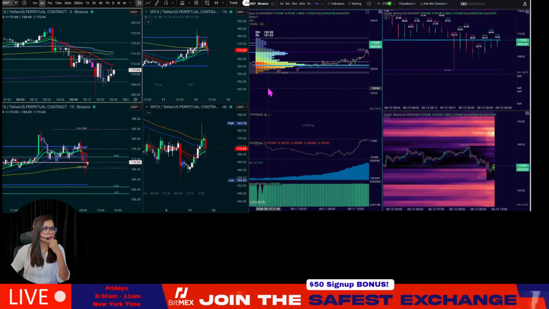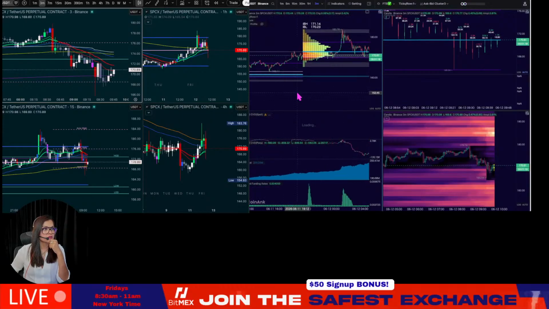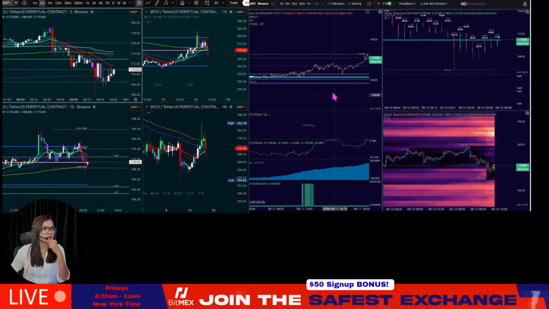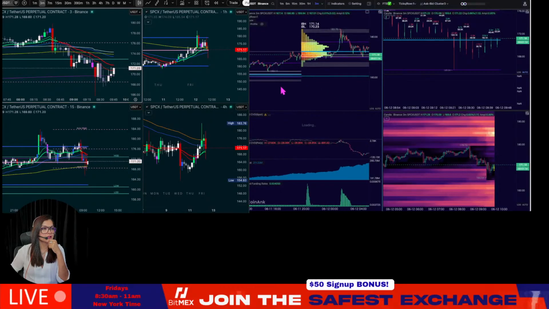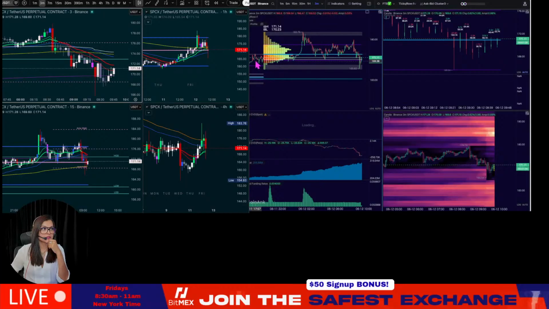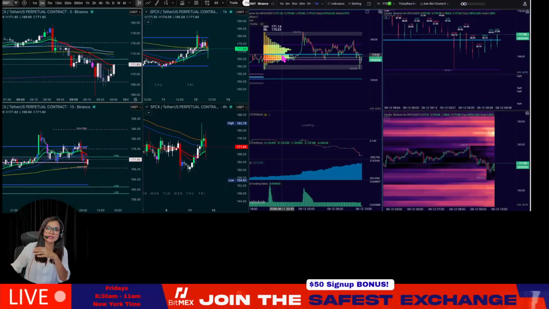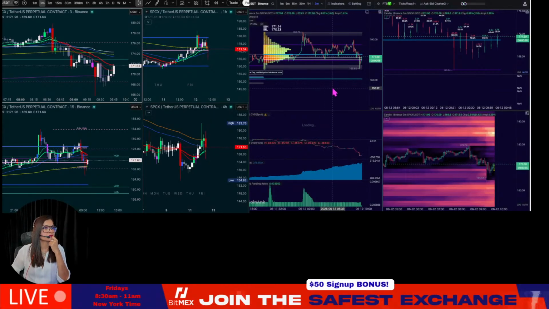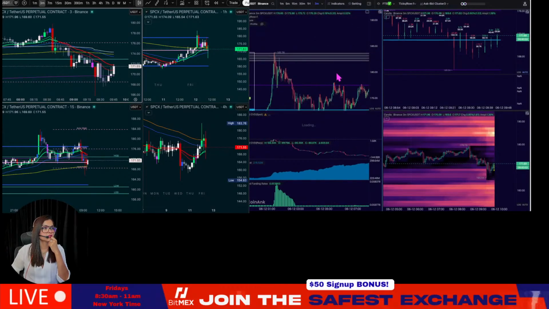This was yesterday's session, and the POC, the blue line, is lower than today. Today, the POC is higher. That means traders, like in an auction, said we're willing to accept higher prices now. That's how your POC works.